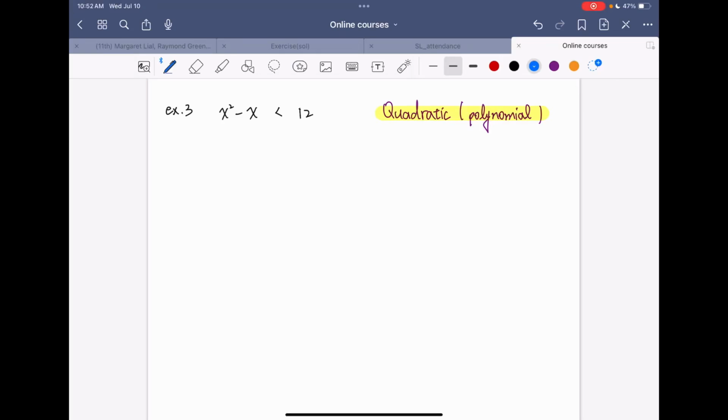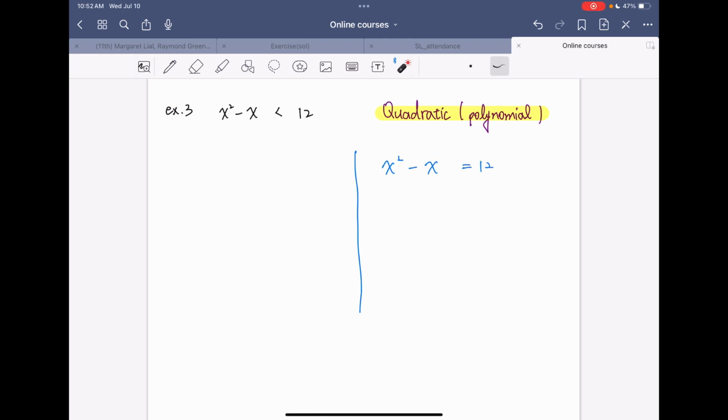Okay, so next part we're going to get into quadratic inequalities, or you can call it polynomial inequality. If we recall, a long time ago when we were solving polynomial equations, we got a question like this.